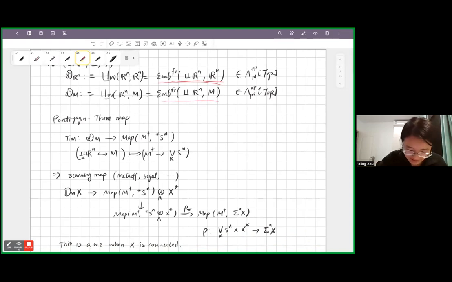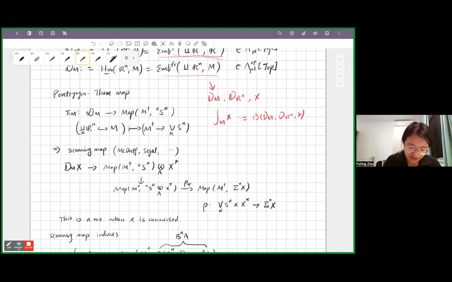So what I want to say is that from here we get associative functors D_M, D_R^n, and if we have an algebra over it, then we can define a bar construction B(D_M, D_R^n, X), and this we will call the factorization homology on M with coefficients in X. And the Pontryagin-Thom map can be upgraded to a map of lambda sequences. And using it, we can get a scanning map. Since I'm short on time, I'm not going to say the details of that.